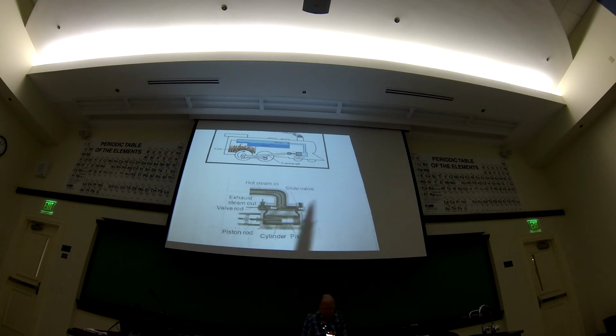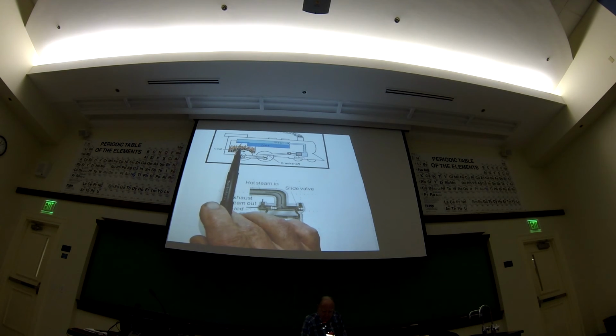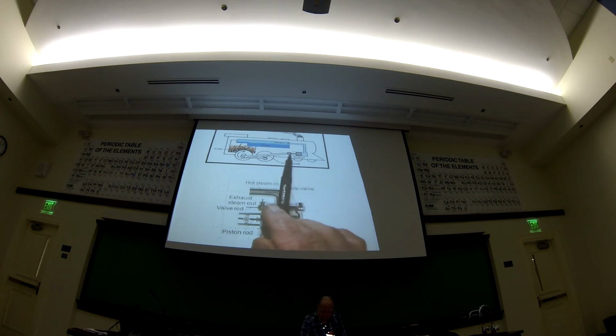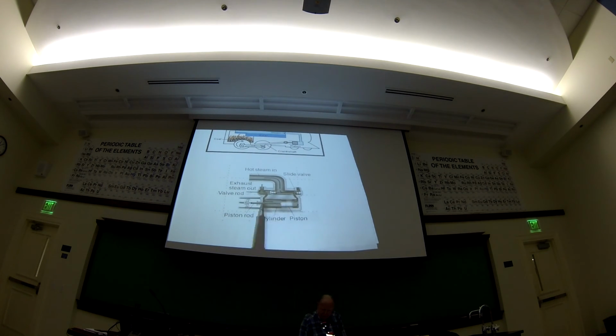And so I show a two-stroke train here. Here's where the heat's going in, and here's where the work's being done. I show the idea of a simple steam engine. There's a valve here that shoves back and forth. So you put pressure on this side, it shoves the valve down here. The valve bangs over there. Pressure comes this way, shuts it back here, so it just goes back and forth.